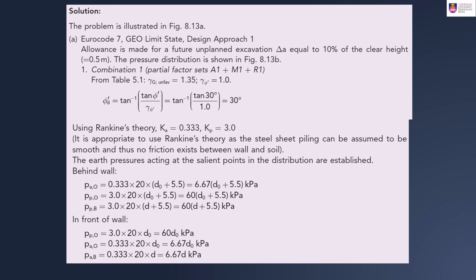So behind the wall, at least we have PA at O, PP at O, and PP at B. You can see that there is one unknown, d naught, at each of PA at O, PP at O, and PP at B. Also in front of the wall, we have a similar unknown d naught.